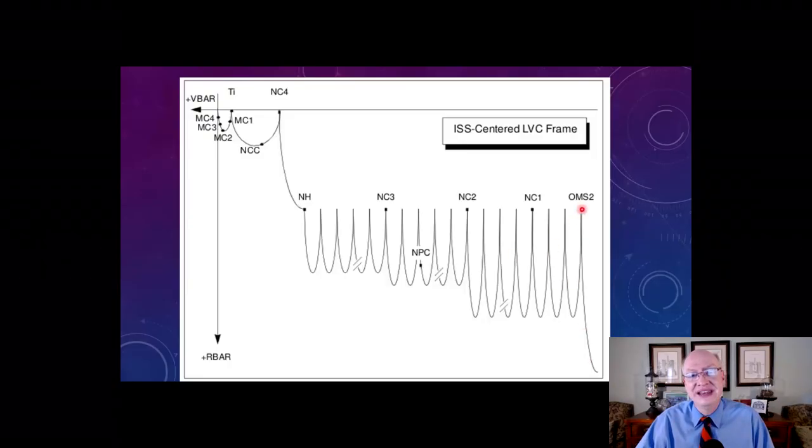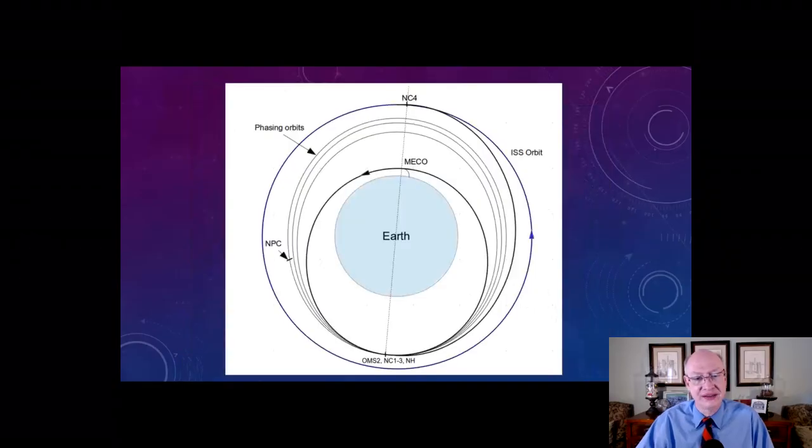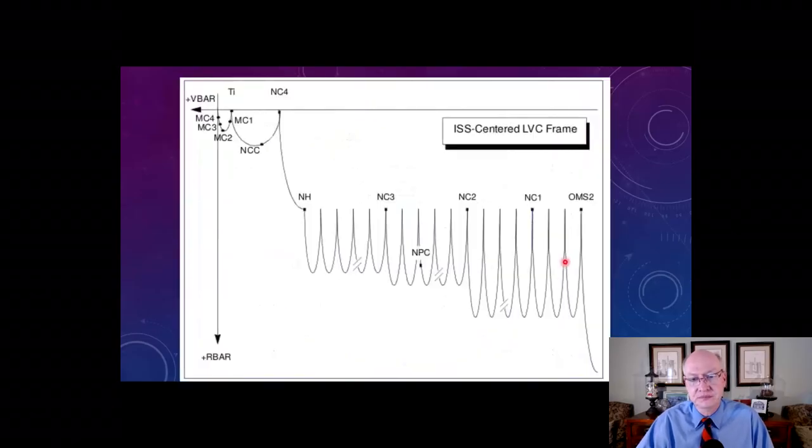And so the initial OMS-2 burn right there starts getting it into these chaser orbits. And what's going on here is you'll notice that the chaser vehicle is getting close to the space station and then far away, and close to the space station, which is way up here, by the way.